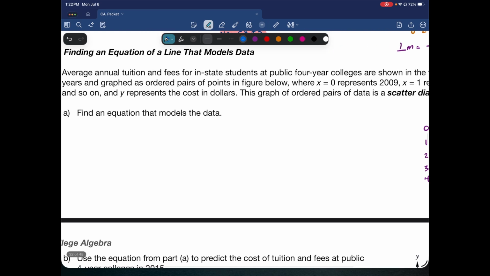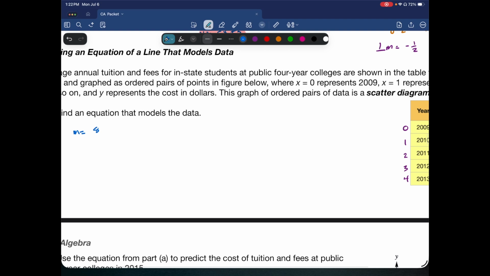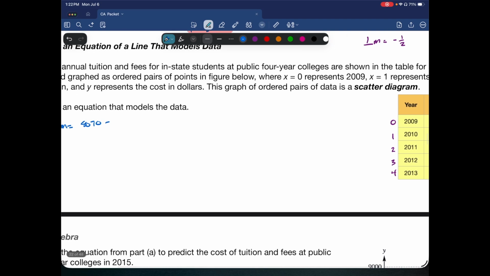So slope is going to be, let's see, 80/70 minus 63/12 over 4 minus 0. Okay, and if you use your calculator to help you out, this is going to be 1758 over 4. And we're going to go ahead and get that as a decimal.